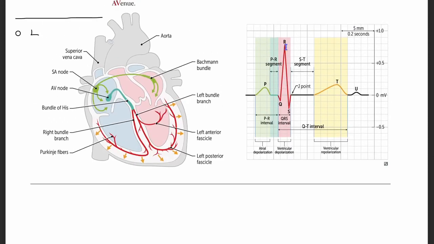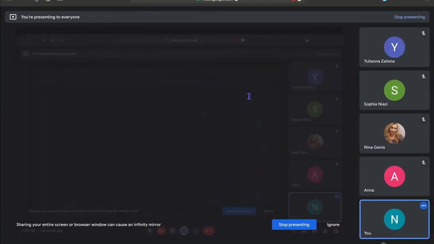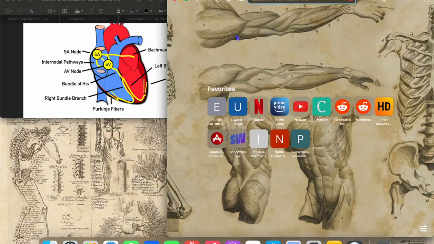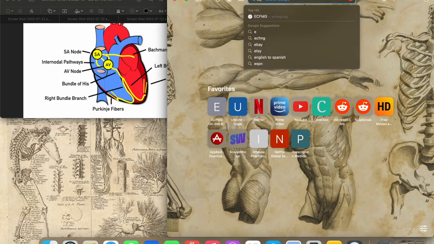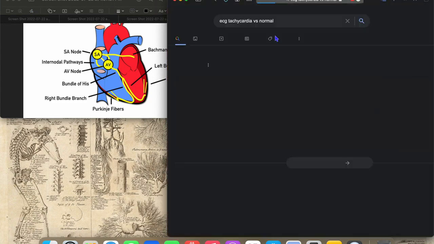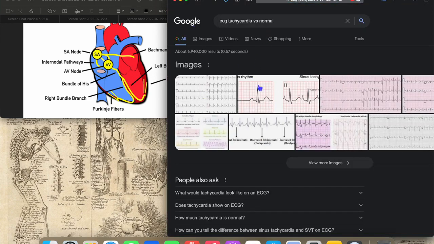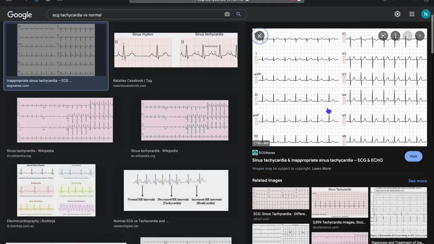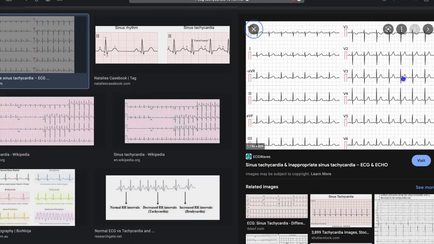You should know how to figure out if it's a tachycardia or not. The way I do it, I count the boxes between the R's. So you have an ECG, something like this, right? And then you can just count the boxes.